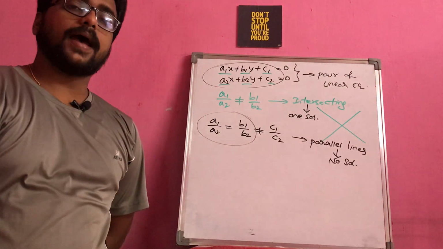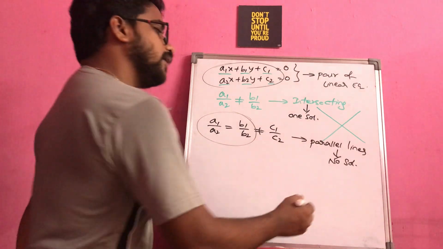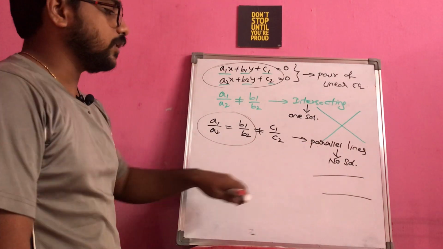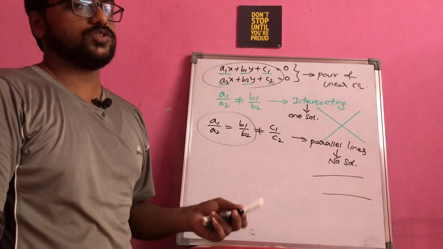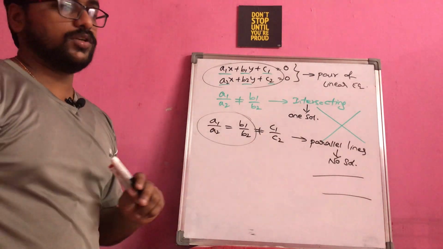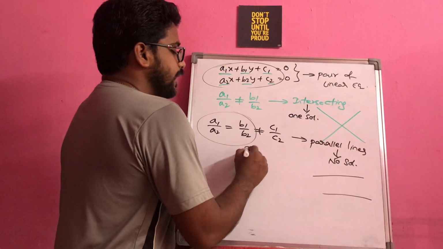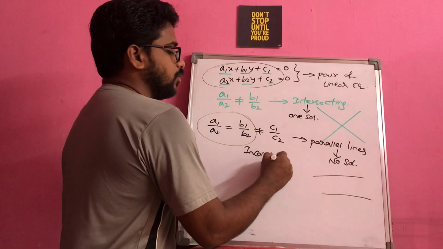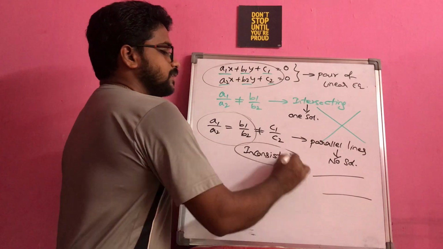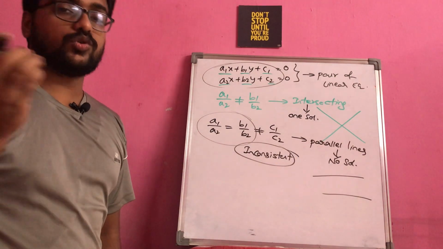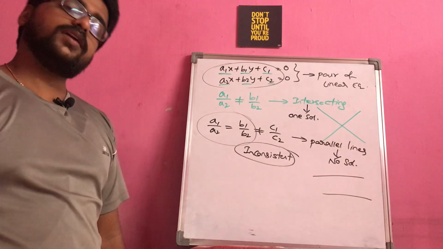Because we know that parallel lines won't intersect, right? So the lines will be like this, and as there is no scope for them to intersect, there is no common solution. This is another set of equations called an inconsistent system of equations. Inconsistent means there is no consistency, which means there is no solution for that particular set of equations.